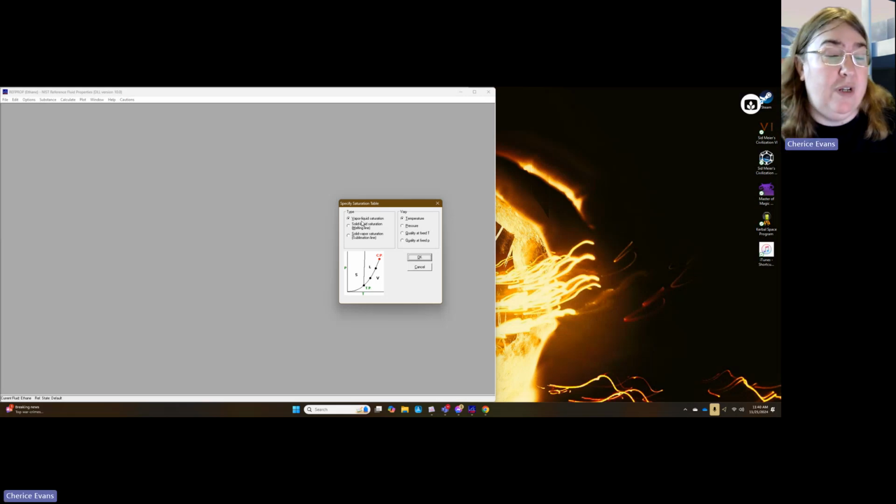For some of your fluids, all three of these may not be active. You will always have the vapor liquid saturation, but you may not have the solid liquid or the solid vapor, and that is okay.